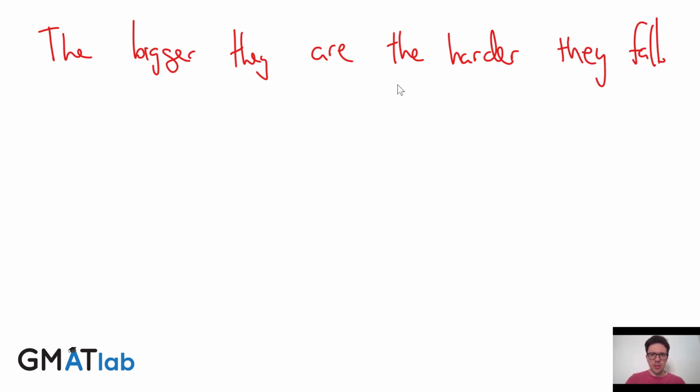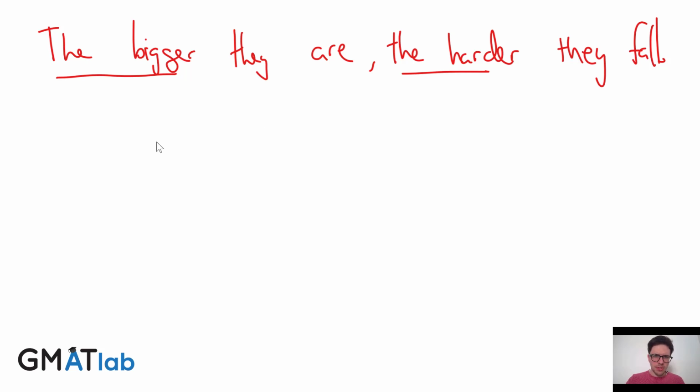Now, we've heard this probably many times in the past. The bigger they are, the harder they fall. Usually you'll have a comma here in between. And so it's this kind of structure of the something. And what you have to realize is that there's a relationship between these two things. They're correlated. So as something gets bigger and bigger and bigger, the harder it will fall.